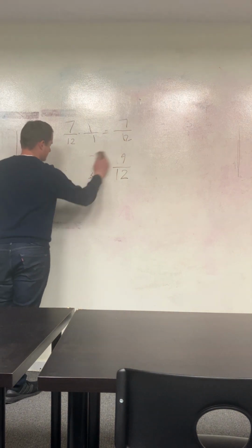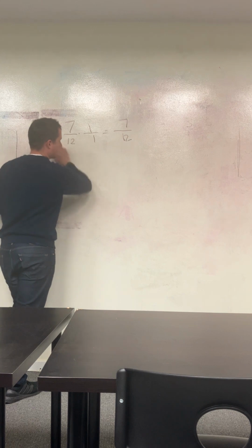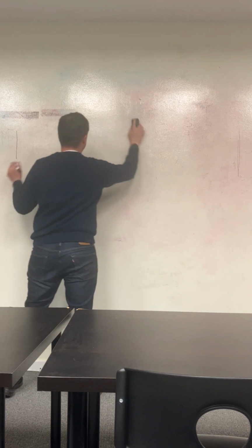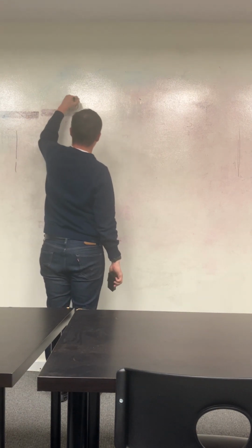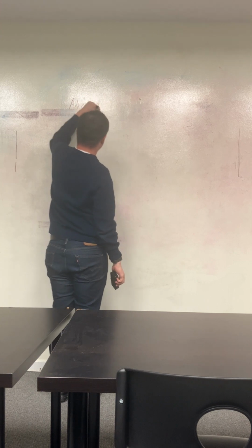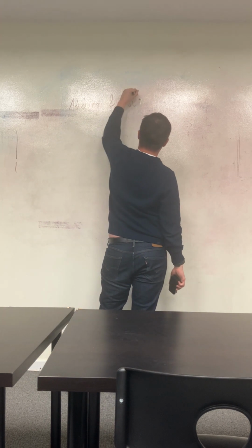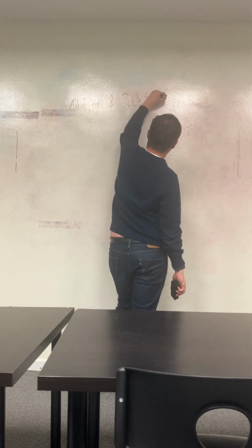So now let's talk about adding and subtracting fractions. I'm going to teach these almost at the same time, because they're the same except you change the sign, unlike multiplying and dividing.